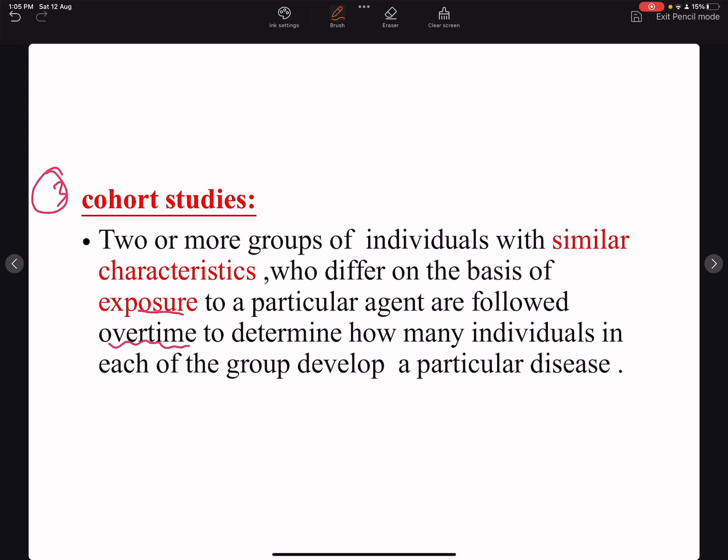So in a cohort study, we are following the patients for a certain exposure. Why? To determine how many individuals in each group are going to develop the particular disease. So the cohort study is mainly based on exposure and follow-up of cases to determine the development of the disease.